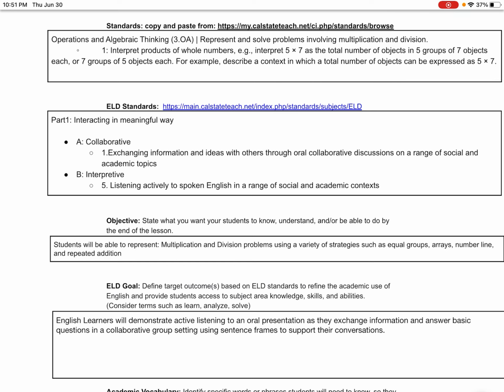But most importantly, it has to tie with your standard you chose. And like throughout your lesson, it just has to match whatever you write in your ELD standard. That's what you have to perform once you teach your lesson. So for example, I put collaborative, and if you can see, number 1 talks about how exchanging information and ideas with others through oral collaborative discussions.